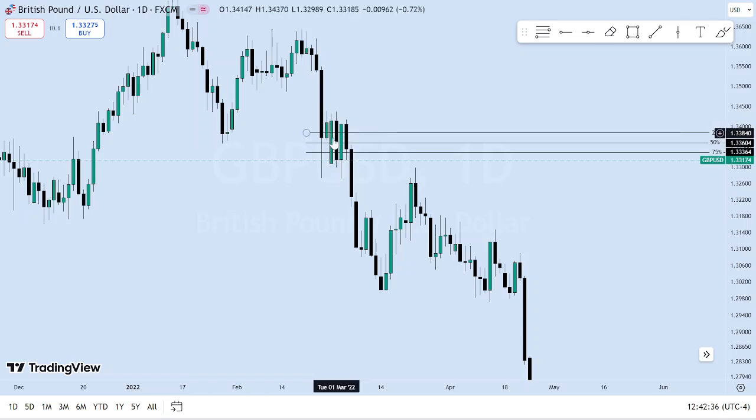Here on the daily chart you can see this is an order block, this is an order block.